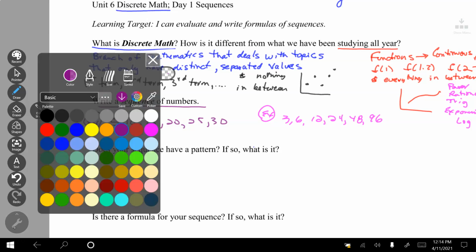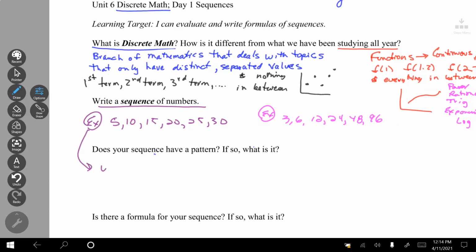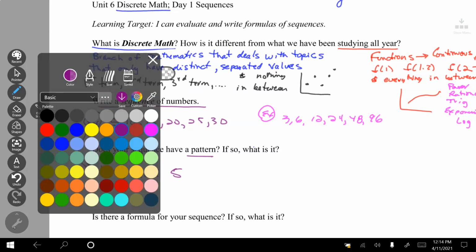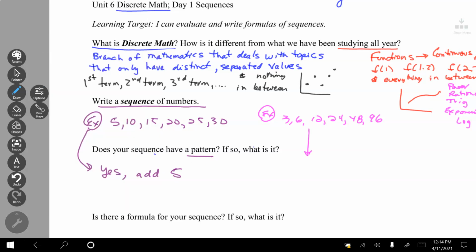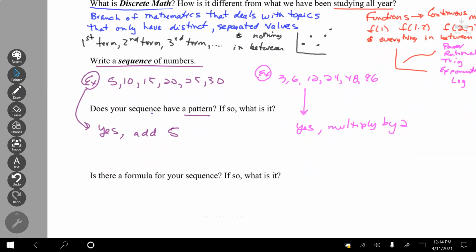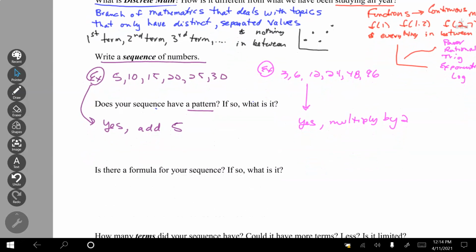Is there a pattern to these numbers? Well, for my example, yes. I'm adding 5. And for the second pattern, the answer is yes. I'm multiplying by 2.